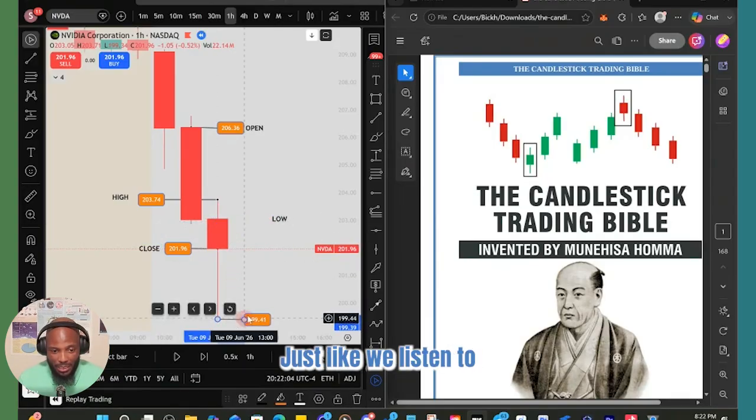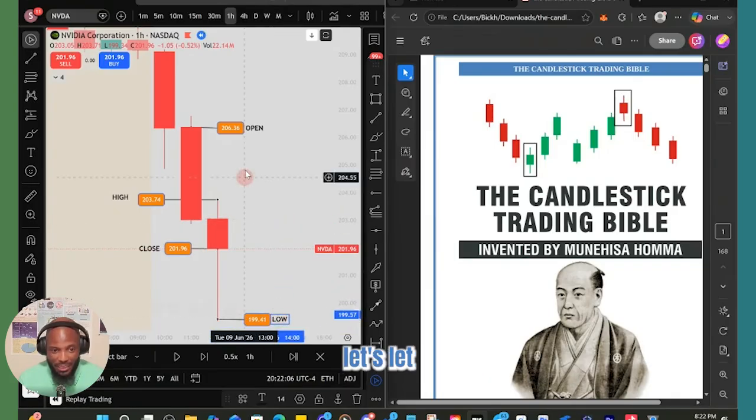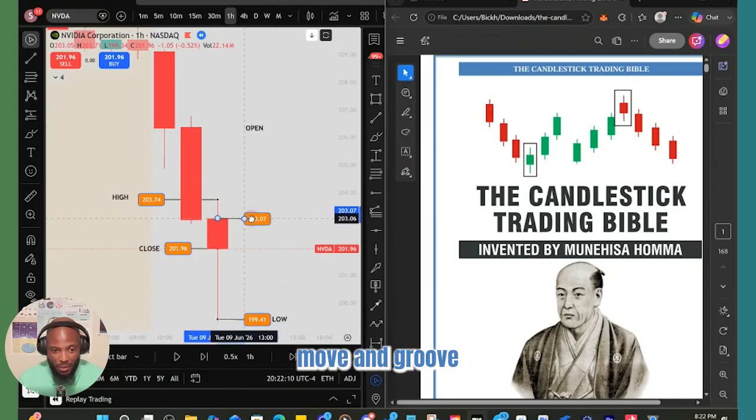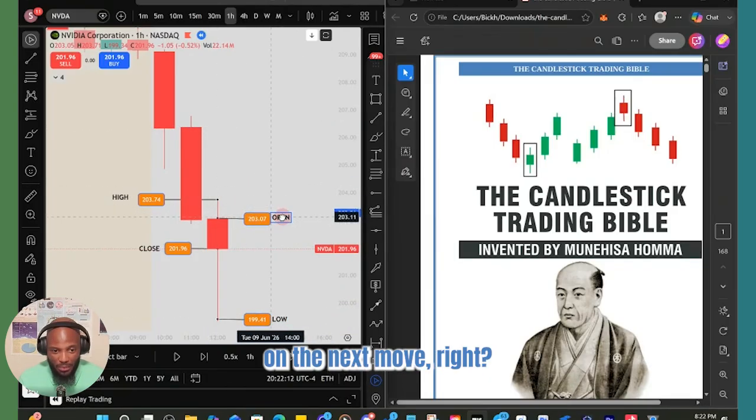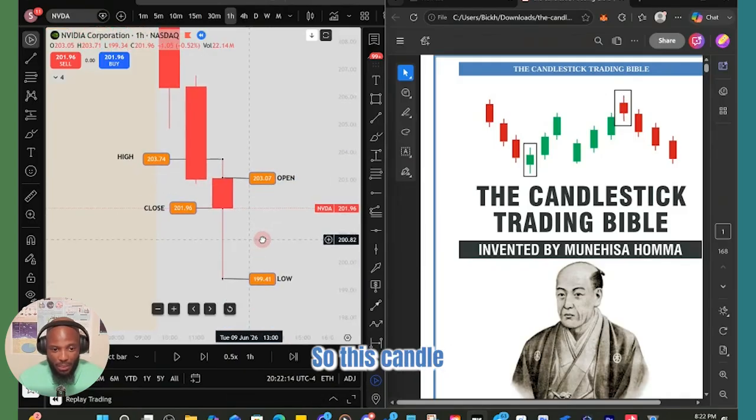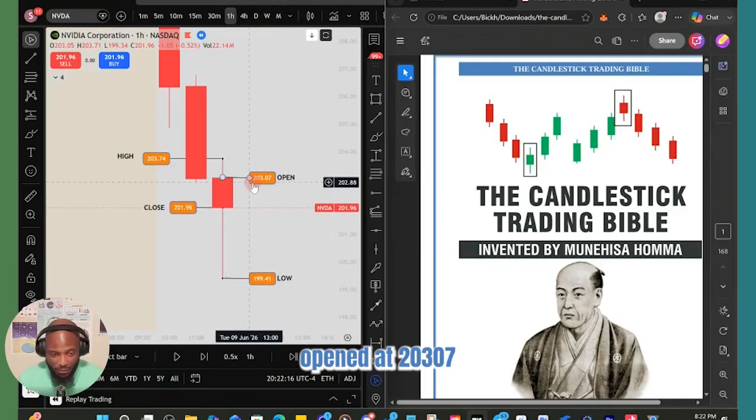Just like we're listening to that music, let's let these candlesticks move and groove us, so we are sharp on the next move. All right. So this candle opened at 203.07. Went as high as 203.74.